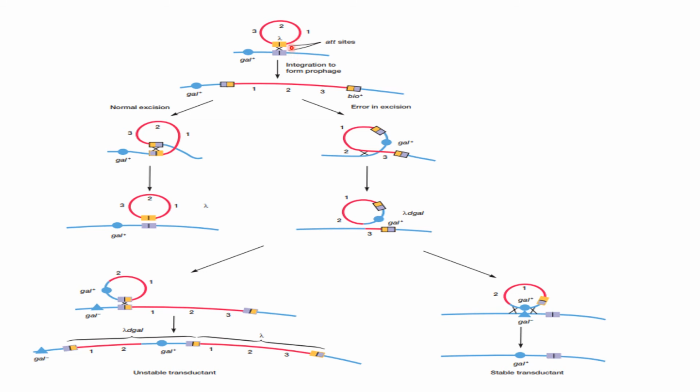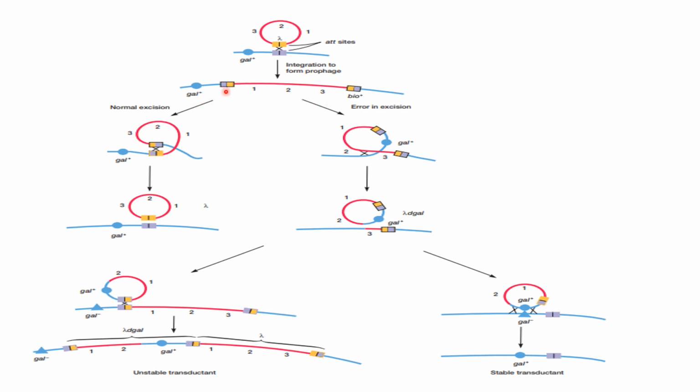The yellow color one and the blue color one, here what you see is the same site present in both phage gene and the bacterial genome. This is especially seen in lambda phage and the E. coli genome. So with the help of this att site, the viral gene will integrate itself with the bacterial chromosome.